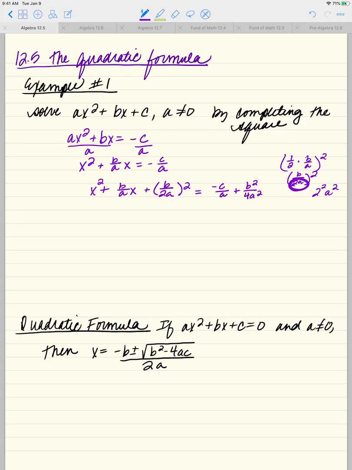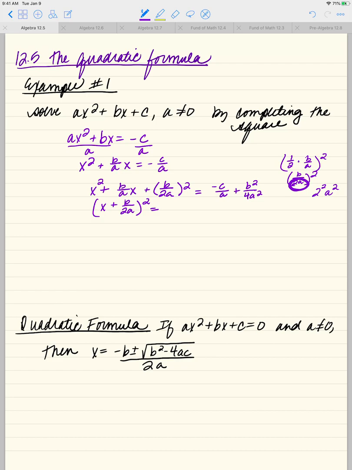Okay, now over on the left side of my equation, I have x plus b over 2a squared. There's continuing and solving my square, and is equal to, I need to find a common denominator between negative c over a and b squared over 4a squared.